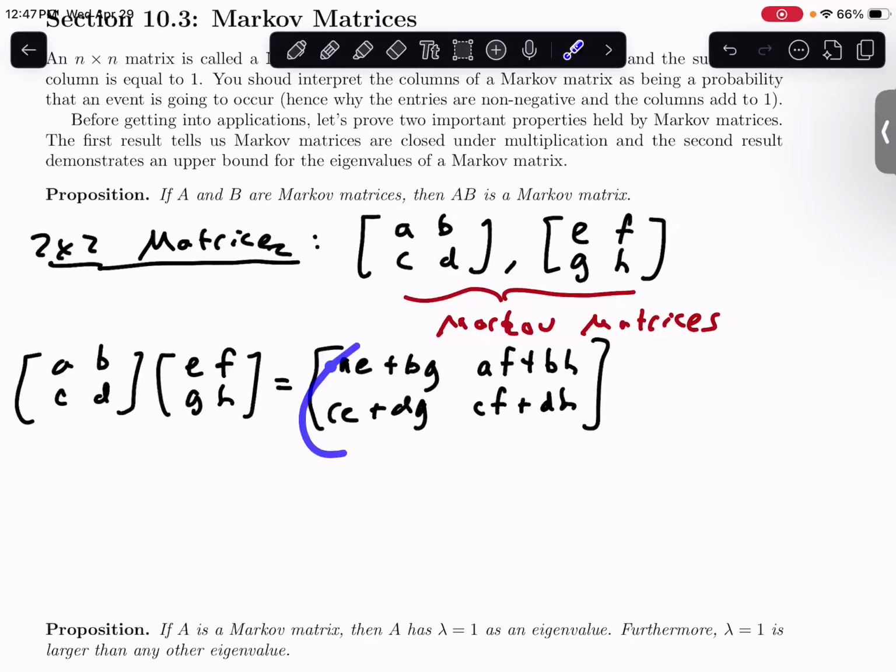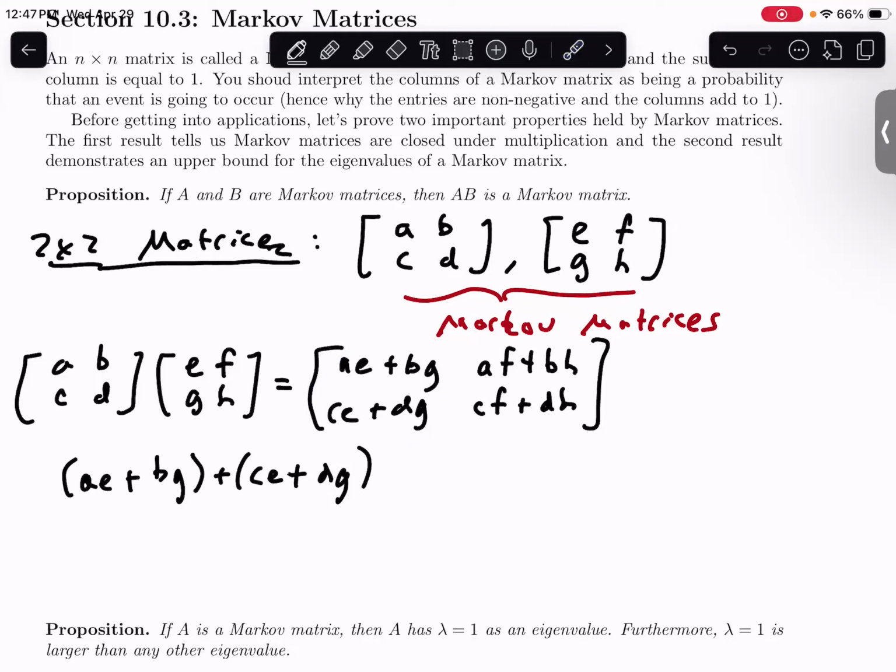And so I'll just do it for the first column. The other column, the argument is exactly the same. So if I do AE plus BG, and then plus CE plus DG, I'm going to combine like terms. So we have this AE and this CE, and we have BG and DG.